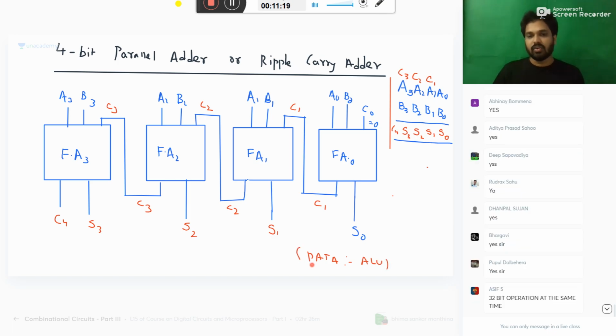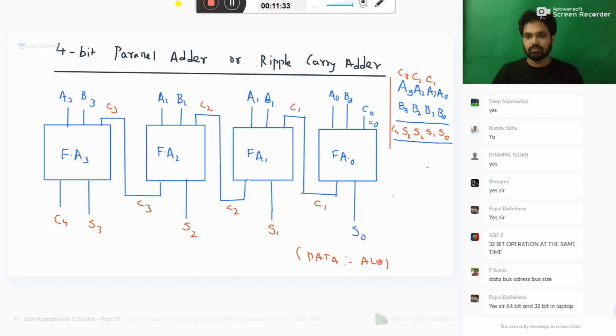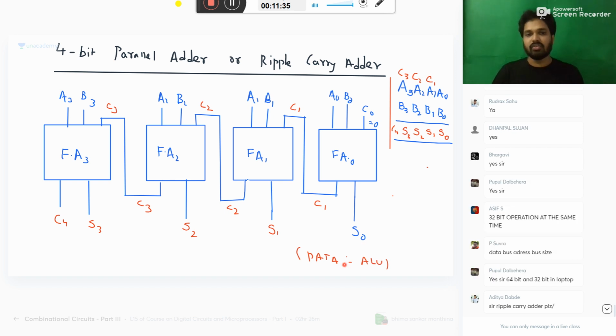So it can perform 32-bit addition at a time. It can handle data of 32 bits at a time. Not address bus size, it is only data bus. So it can perform 32 bits, so it will have a 32-bit adder in that case.